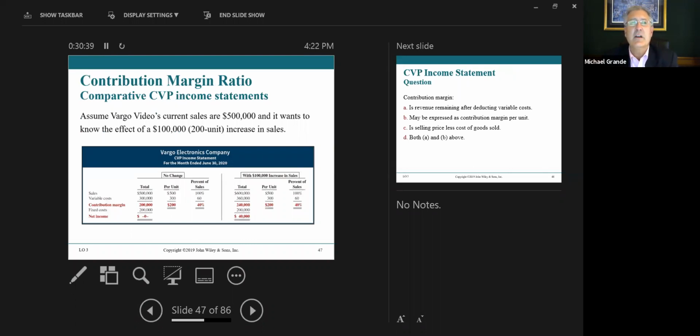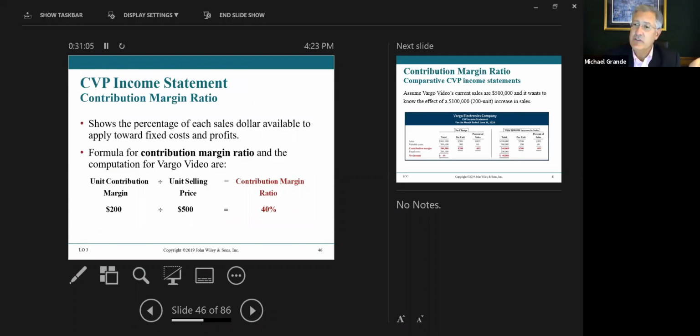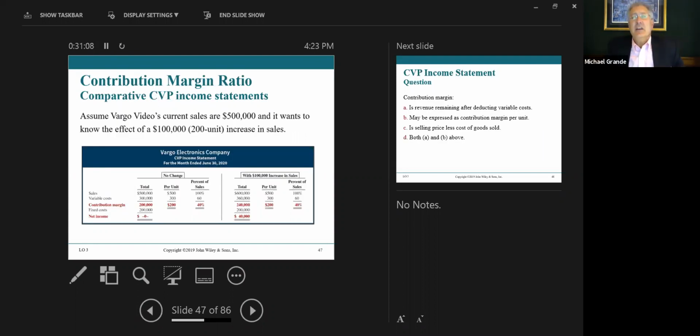Assume Vargo's current sales are $500,000, and it wants to know the effect of a $100,000 increase in sales. If sales go up by $100,000, what is the increase in net income? Let's remember, they have a 40% contribution margin ratio. So for every dollar increase in sales, there is a 40% increase in contribution margin.